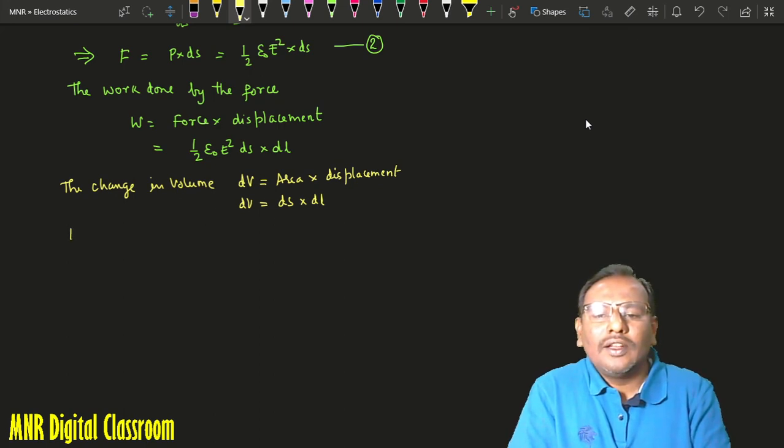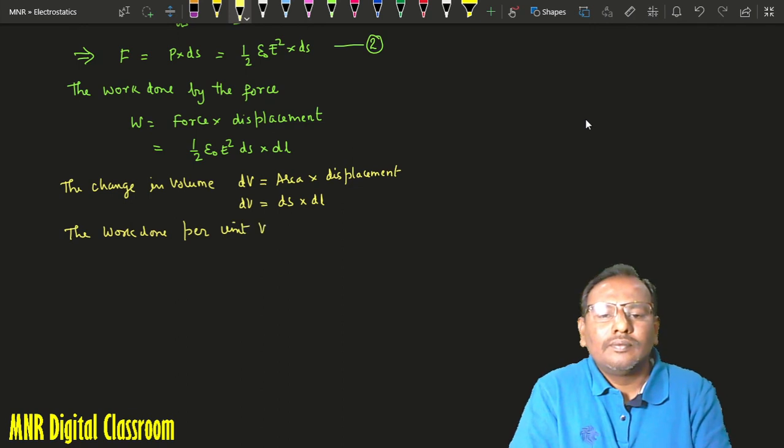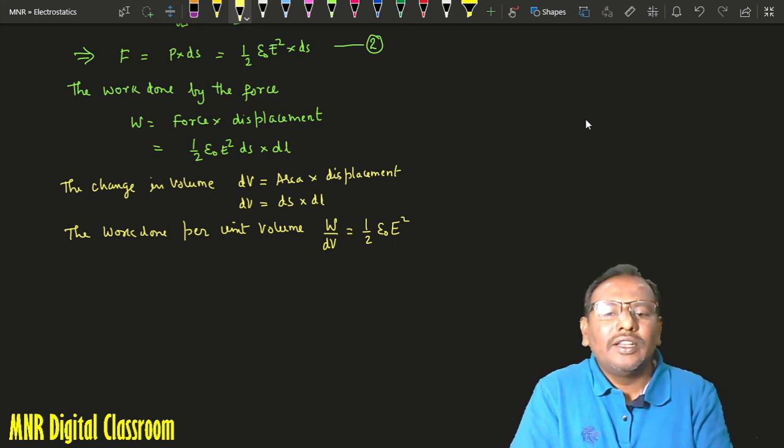So, the work done per unit volume, W divided by dV is equal to half epsilon naught E square. From this equation, W is equal to half epsilon naught E square into ds into dl, but ds into dl gives us the change in volume. Therefore, work done per unit volume is equal to half epsilon naught E square.